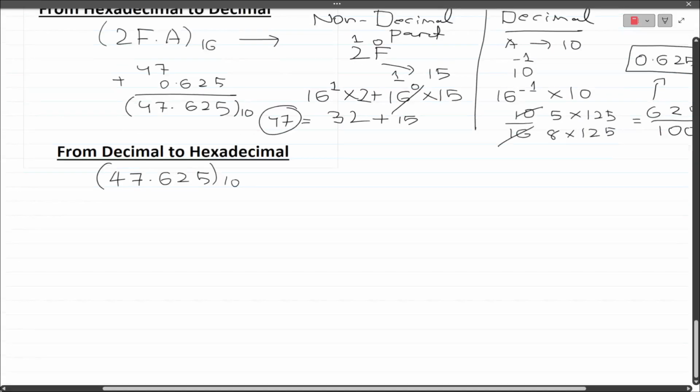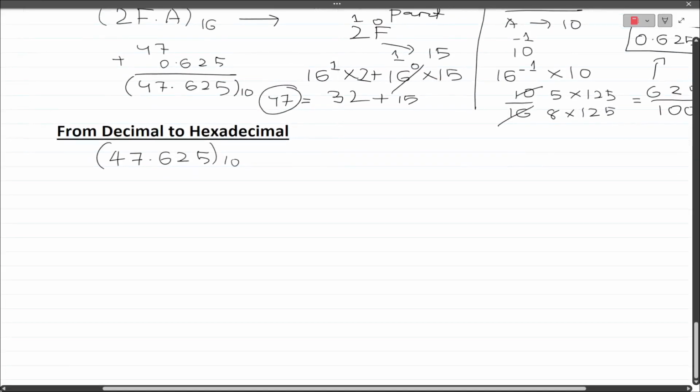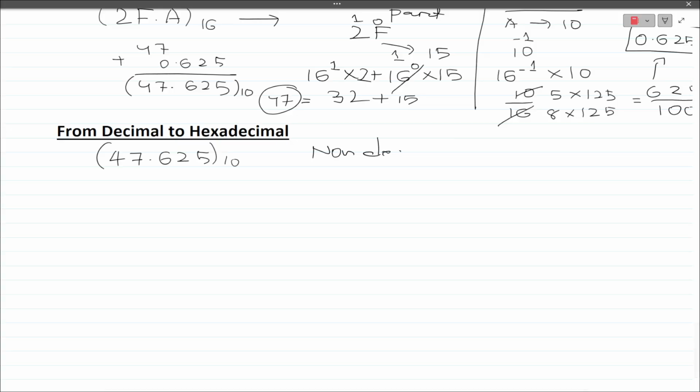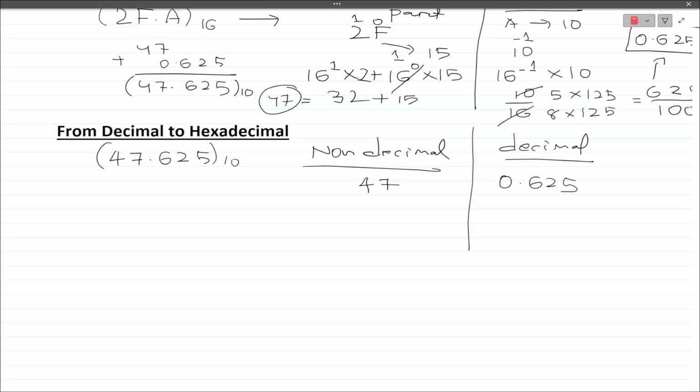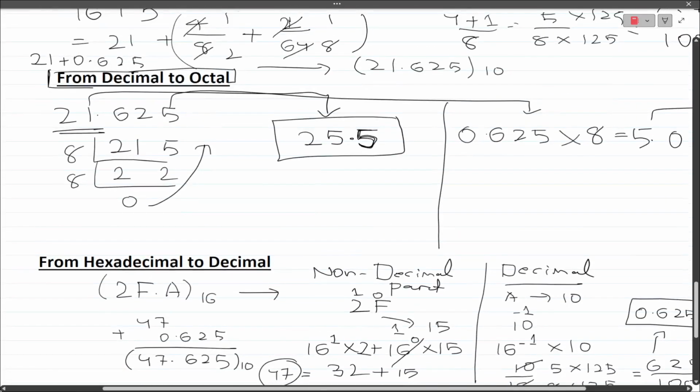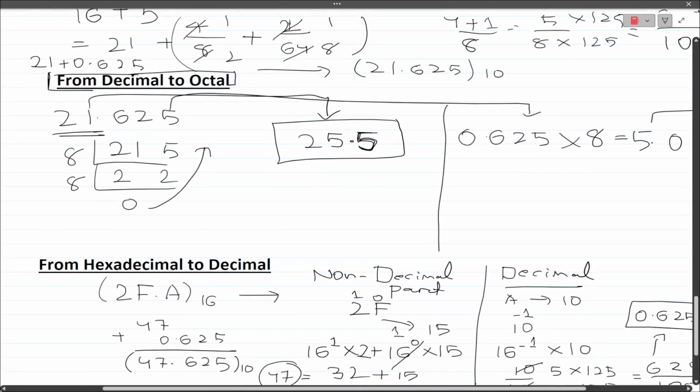Okay, let me solve. So now again, first the non-decimal part. The non-decimal part is 47. My decimal part is 0.625. Now talking about 47. When I was converting decimal to octal, I used to divide it by 8.